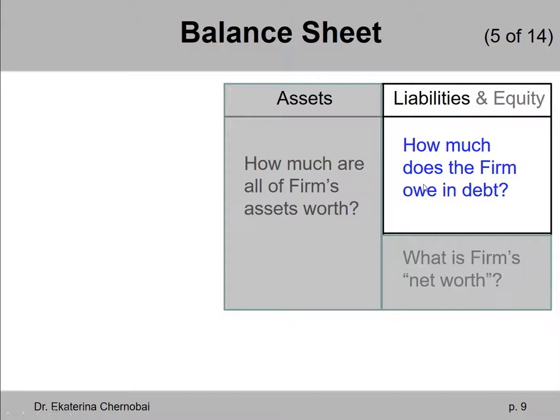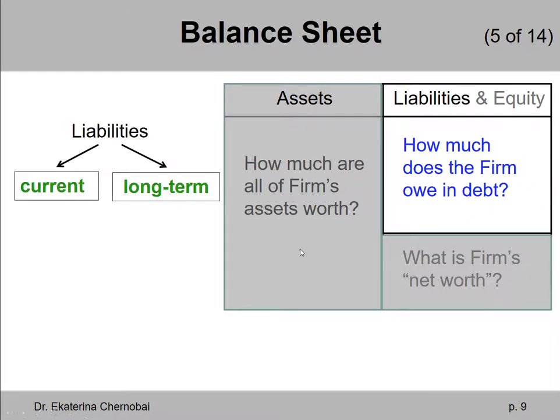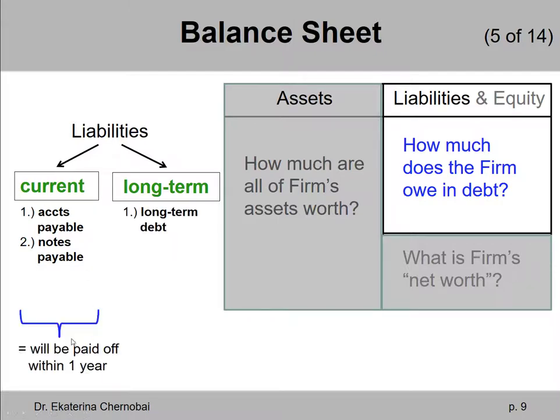Now let's actually talk about liabilities, and on the following slides we will look at equity. Liability is the same thing as debt, how much we borrowed that we still need to pay back. So the money that we owe to our creditors. And just like with assets, liabilities can be called current and long-term. Current is what we basically need to pay off within a year.